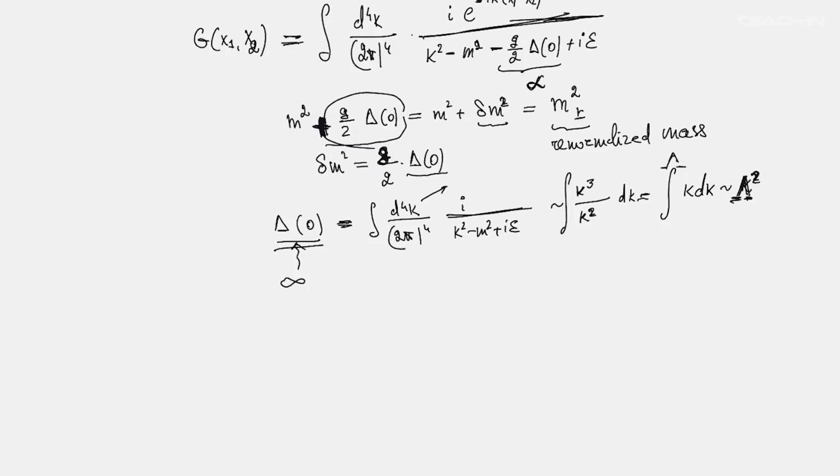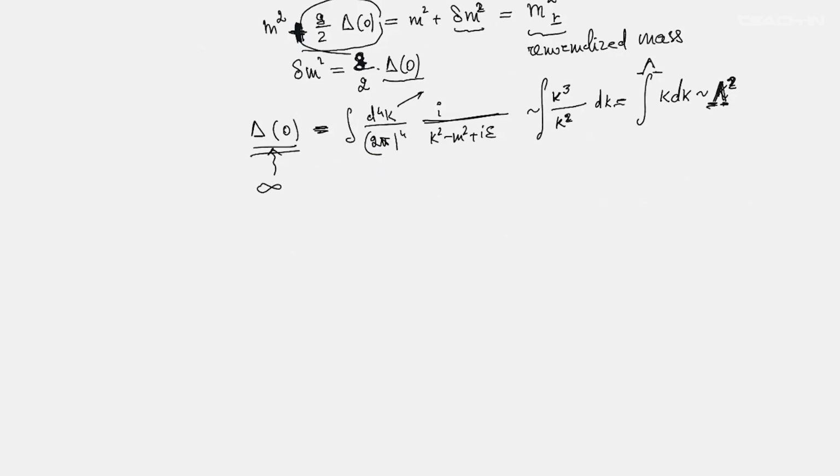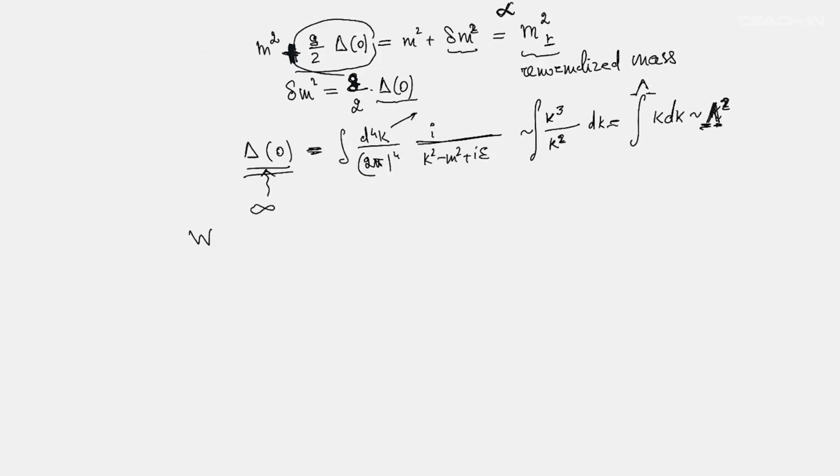I will leave the discussion of renormalization aside for the moment, and just note that a similar story, of course, holds for the 4-point function and higher point functions as well.